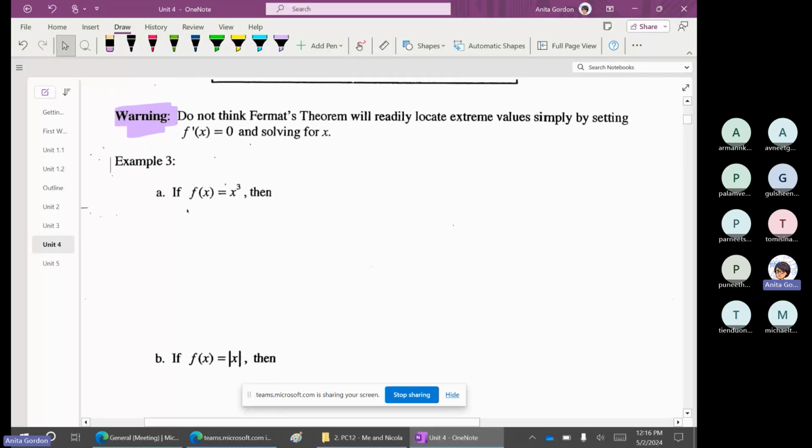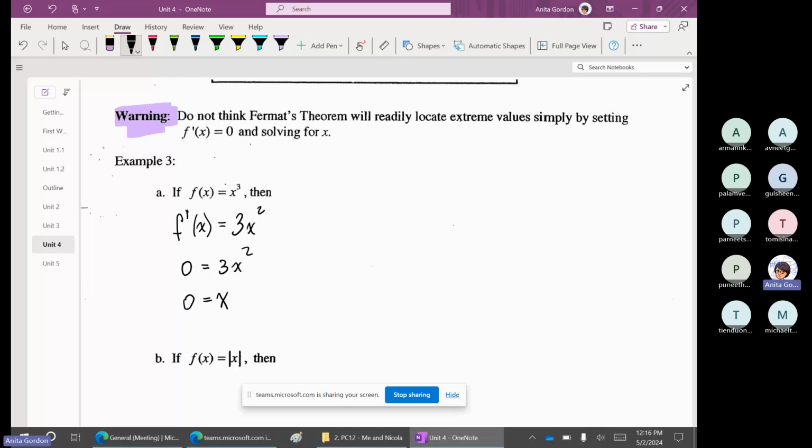Okay? All right, let's do an example here. If we have that the function is x cubed, then let's calculate its derivative. F prime of x is 3x squared. If I set my derivative to 0, what must the value of x be? X must be 0 then, right?